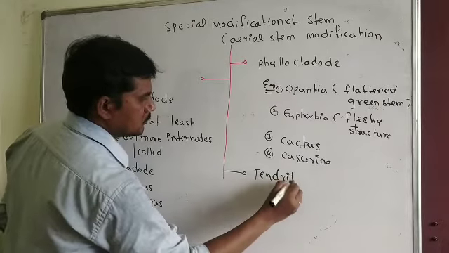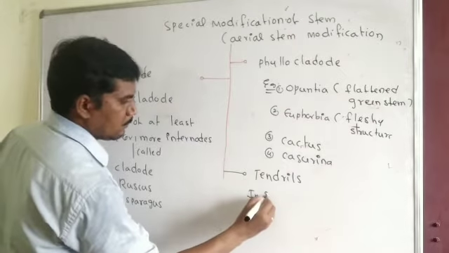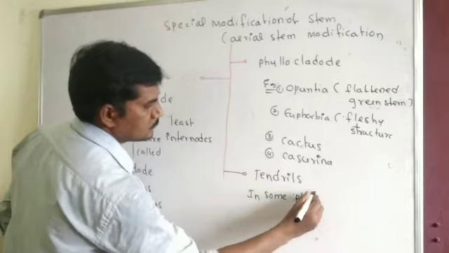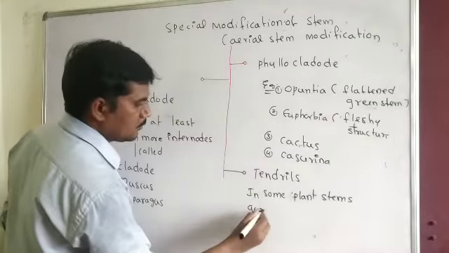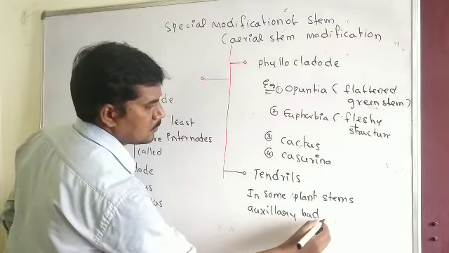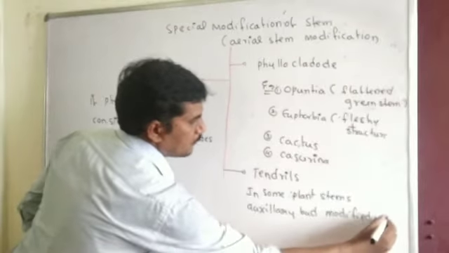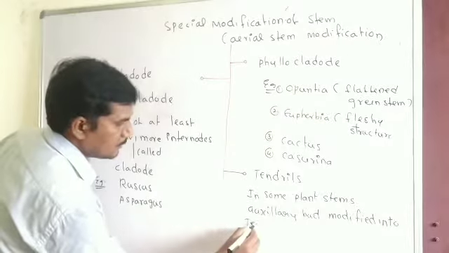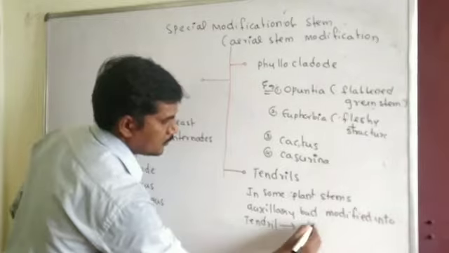Next, third one, very important: tendrils. That means in some plants, the axillary bud of the stem is modified into tendrils for climbing.